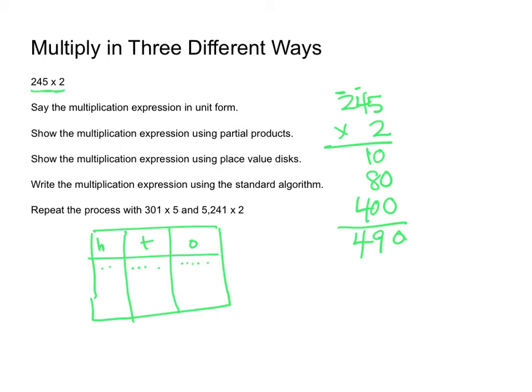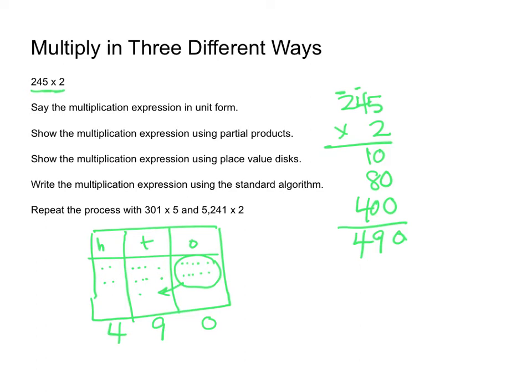And I'm multiplying that times 2, so I'm going to do each of those twice. And so when I gather them up, well, my ones, I have 10 of those, so I can send one of those over here. Now I don't have any ones. I have 9 tens, and I have 4 hundreds, and I got 490.